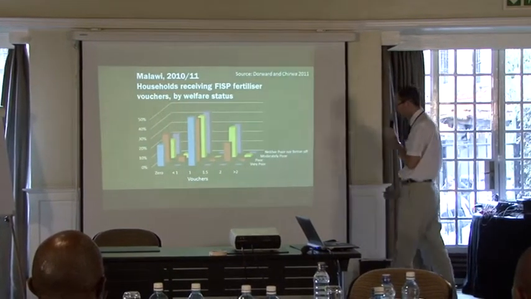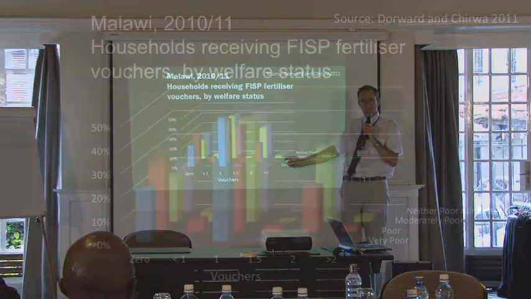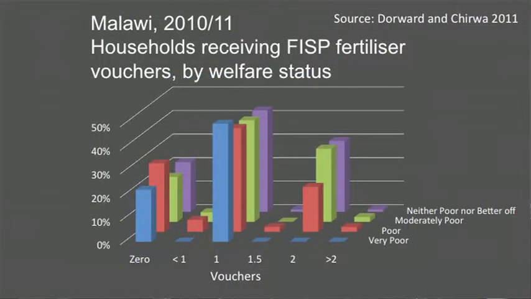And what you see is that there's almost nobody who got more than 2 bags, or vouchers for 2 bags, so almost nobody's getting more than 100 kgs a hectare. Many people are getting 1 bag. So amongst those who get, it's a fairly even distribution as to what they get. It doesn't really matter how wealthy you are, how much you're getting.